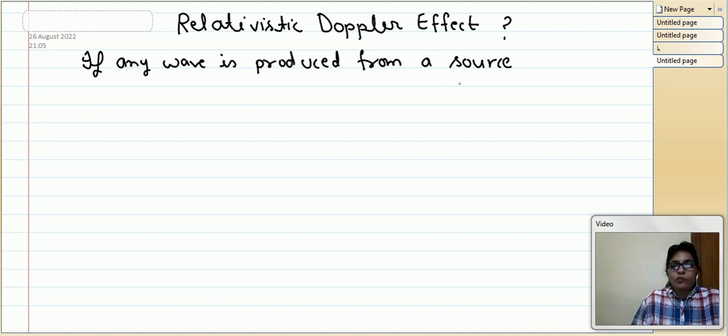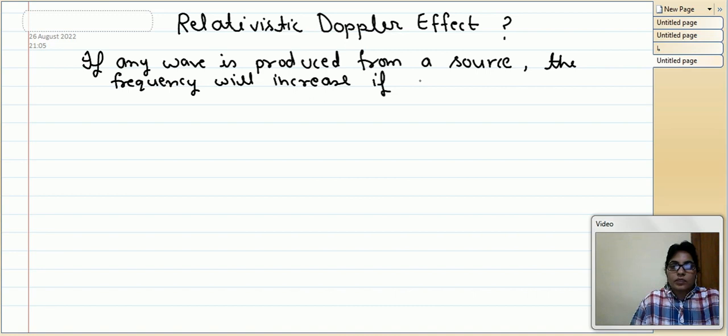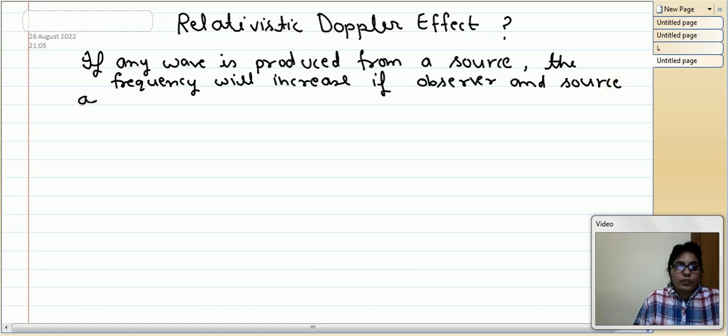So if any wave is produced from a source, the frequency will increase if observer and source are approaching themselves.